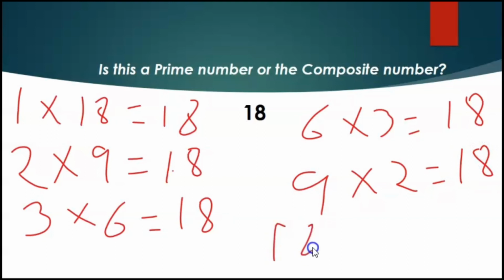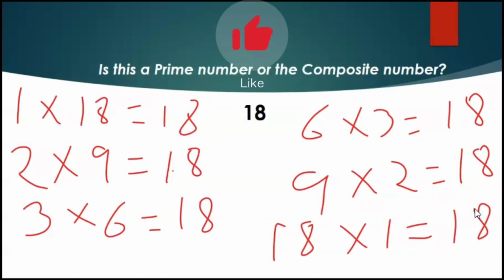And the number itself, 18 times 1 equals 18. So as you can see, it has many factors. That's why 18 is a composite number. And the factors are 1, 2, 3, 6, 9, and 18.